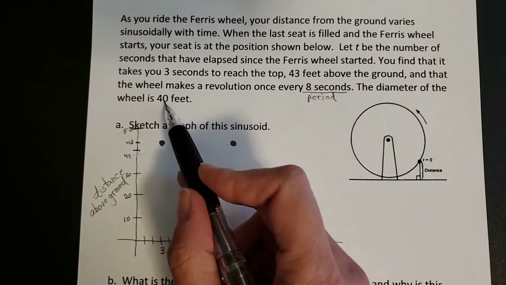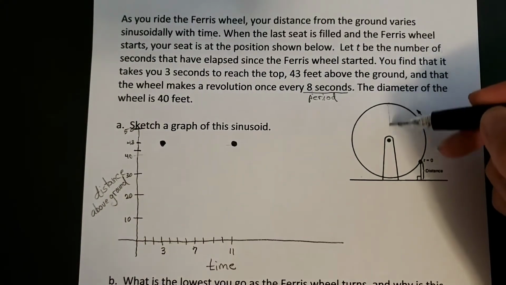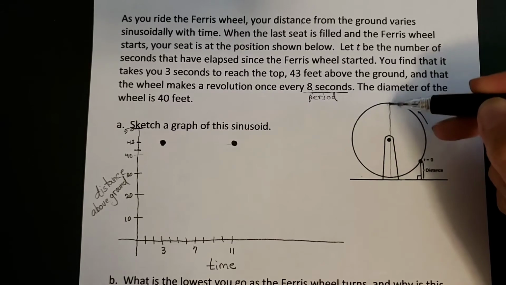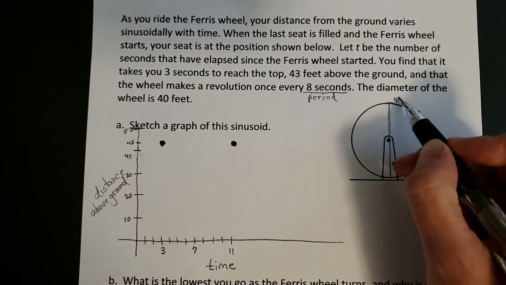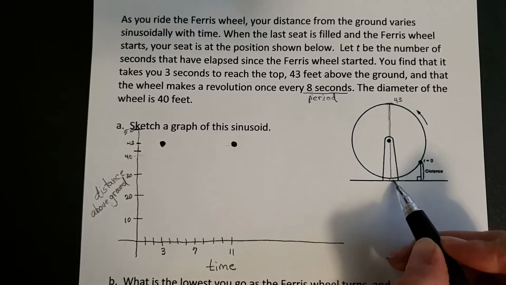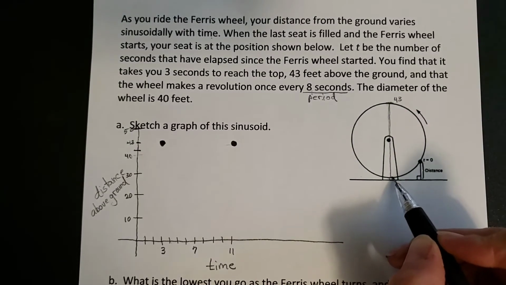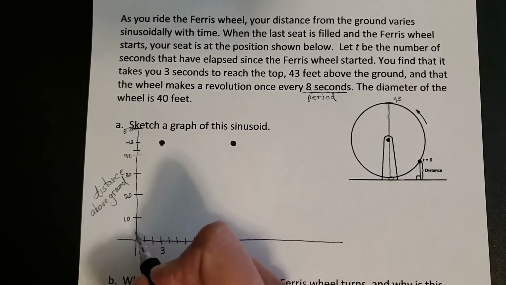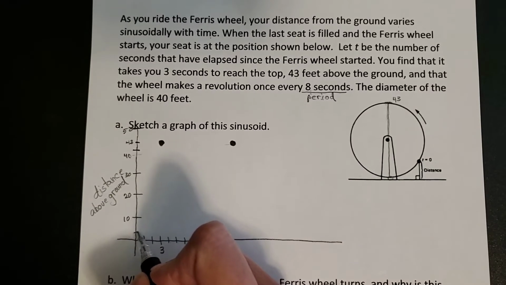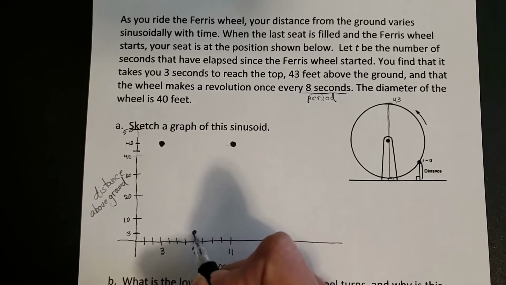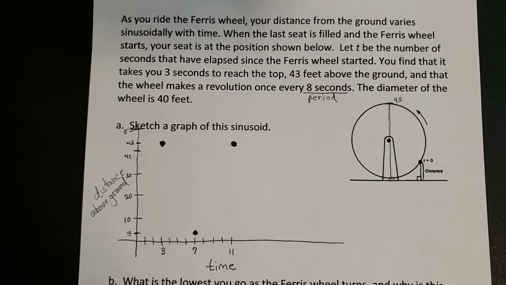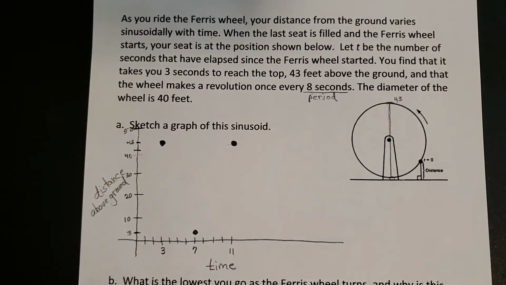But the wheel is 40 feet in diameter. And we know that the maximum height up here is 43. So that must mean that the minimum down here is 3. We are 3 feet above the ground. So somewhere like right there at 3. At 7 seconds, I'm 3 feet above the ground.